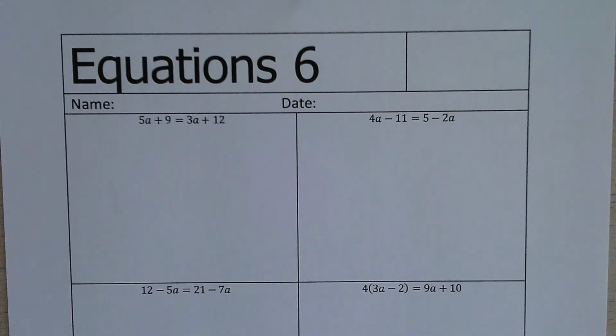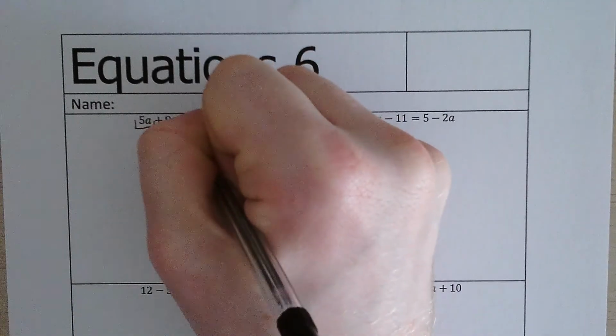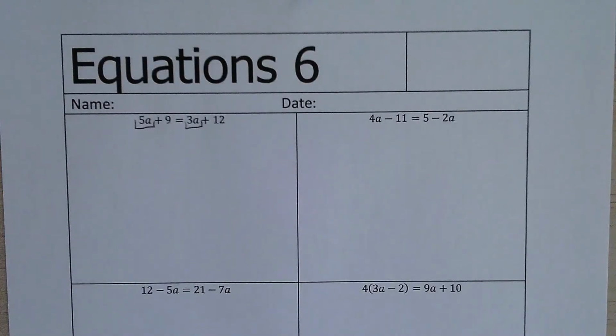So what we do is we underline all of the terms that contain our variable. So these are 5a and 3a. We need to look at these terms and decide which term is the smallest. Well, out of 5a and 3a, 3a is the smaller term.